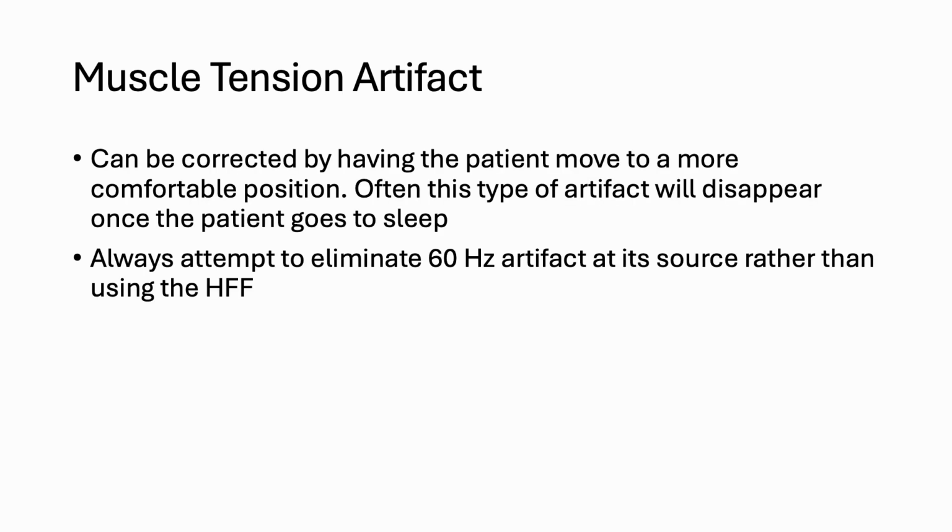Muscle tension artifact can be corrected by having the patient move to a different position. Usually that goes away when the patient sleeps. You hold a lot of tension in your face, and you don't even know it. That's why we have RBF, if you know what that is. That's when you forget what your face looks like, and you start squinting or pursing your lips or flexing your eyebrows, and you forget that you're just holding that in your face.